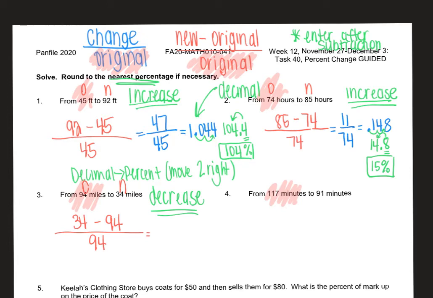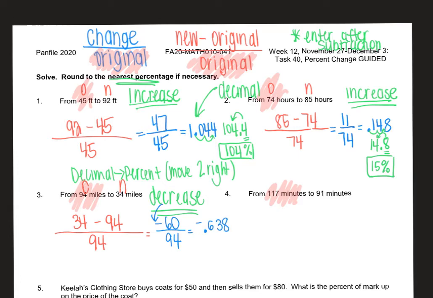So 34 minus 94, now you see this is where I get a negative. If I do this in my calculator or I do it by hand, either way, I'm going to get a negative. And what that tells me is that I have a percent decrease. Right here, that tells me I have a decrease. So 60 over 94, I divide that, and I get, again, negative 0.638.